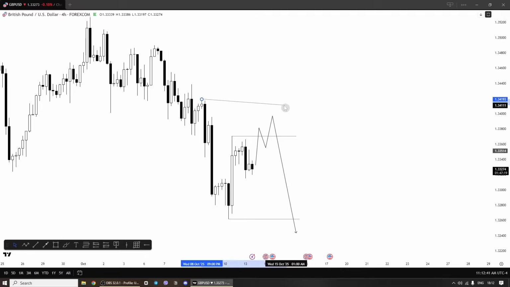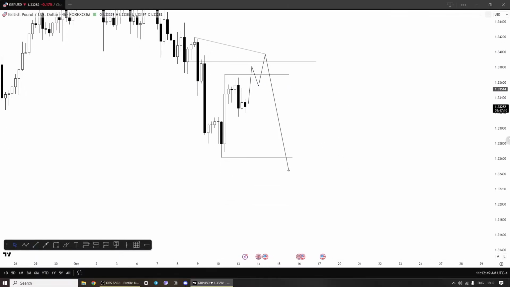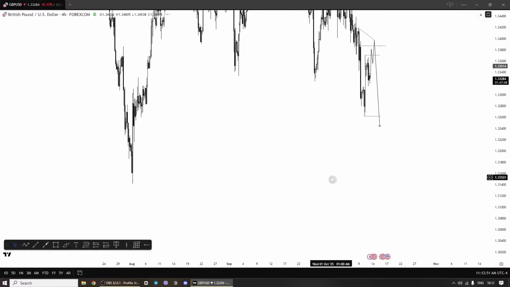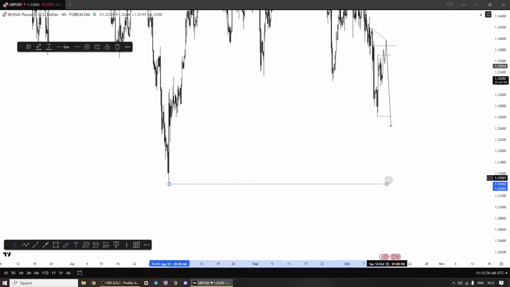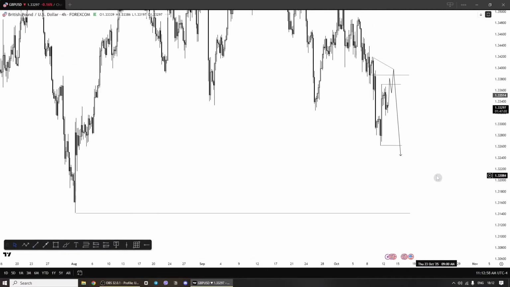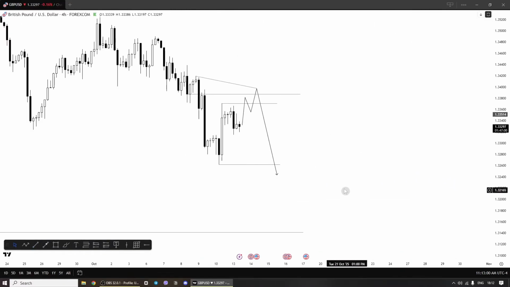I would like to see SMT like that and write this to be my sponsorship for the move down until my major draw on liquidity. This is what I want to see. I have an explanation about why this inside.